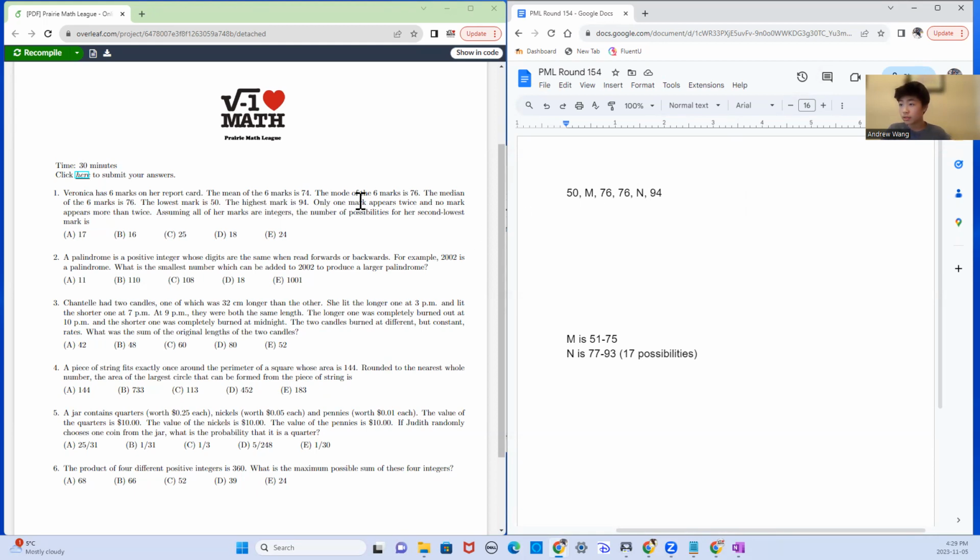Once we know these, we can figure out the pattern between M and N. Since the mean of the 6 marks is 74, that means it's the average.